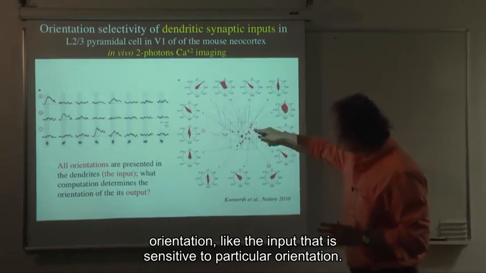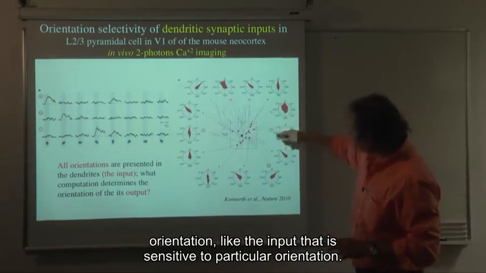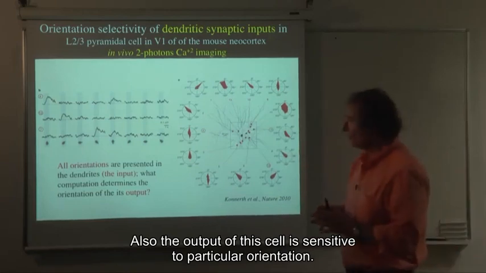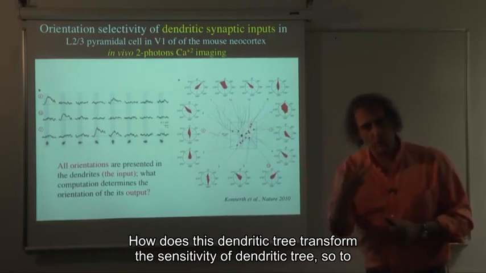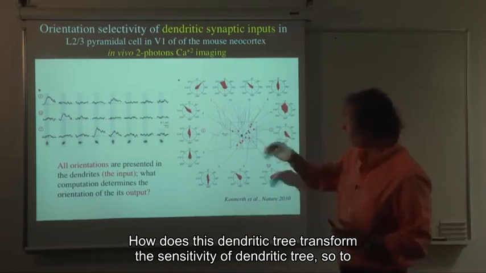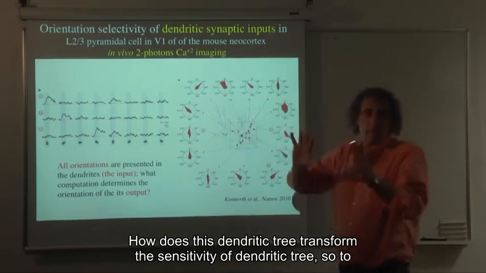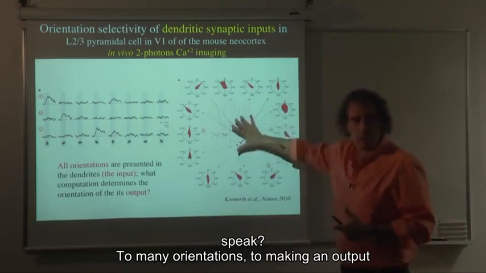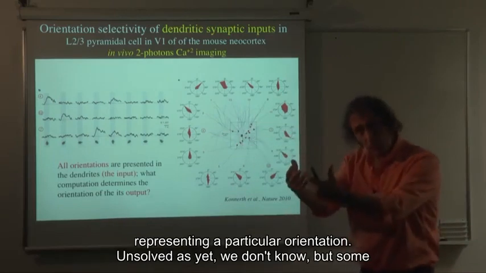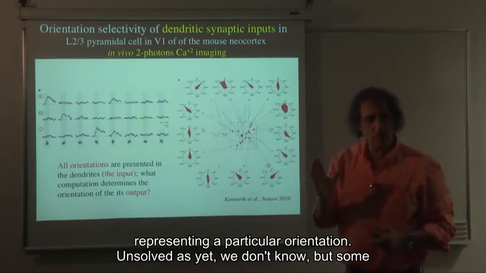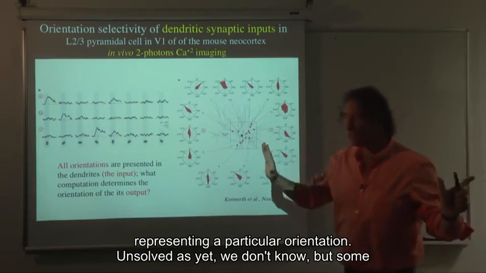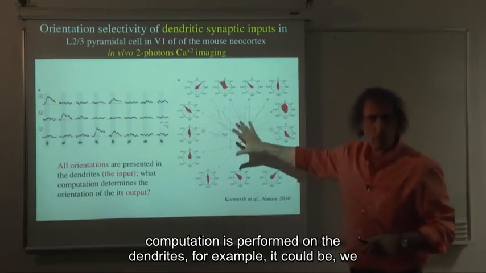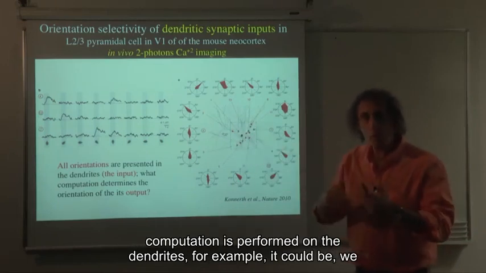How does this dendritic tree transform the sensitivity to many orientations into an output representing a particular orientation? Unsolved as yet, we don't know, but some computation is performed on the dendrites.